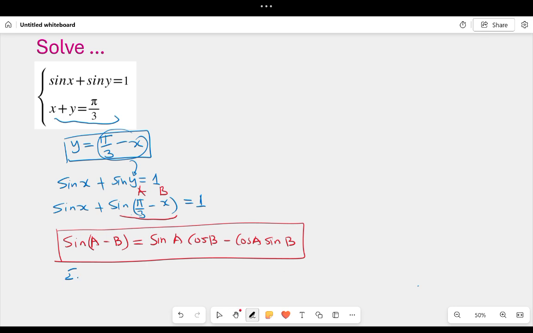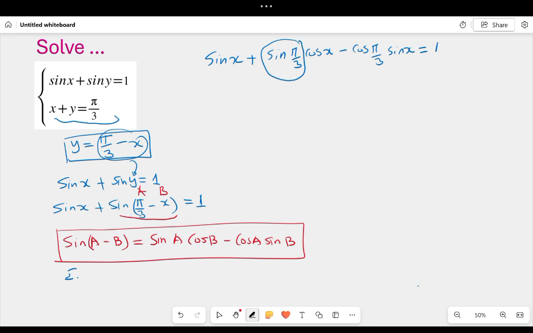We're going to find sine x plus, now, instead of sine of pi over 3 minus x, we are going to write sine pi over 3 cosine x, then minus cosine pi over 3 sine x, which should be equal to 1. Now, this pi over 3 is a special angle.